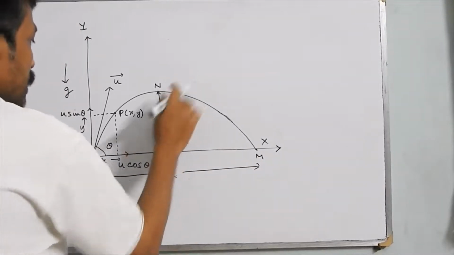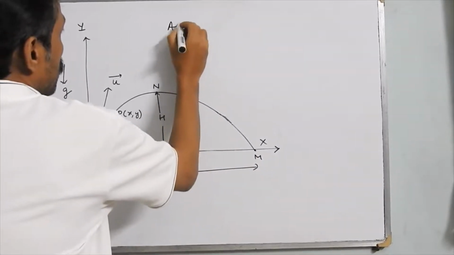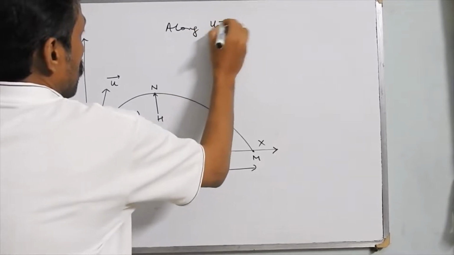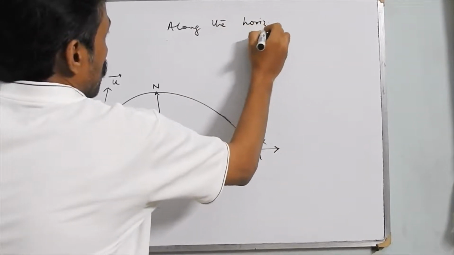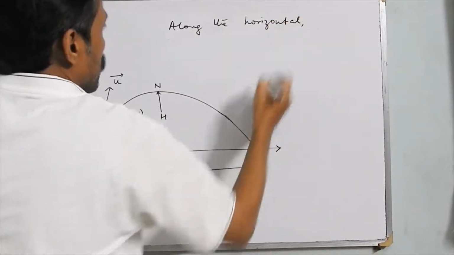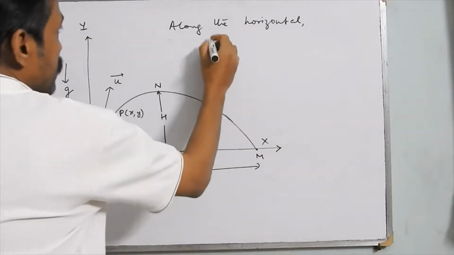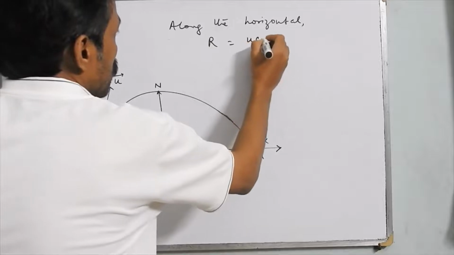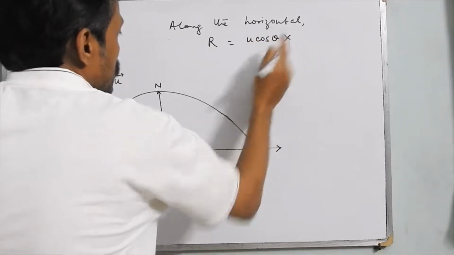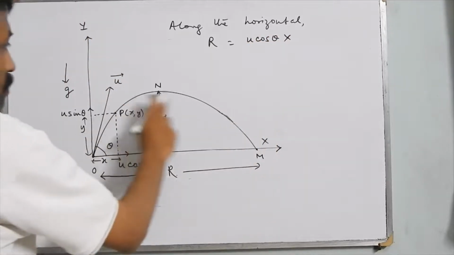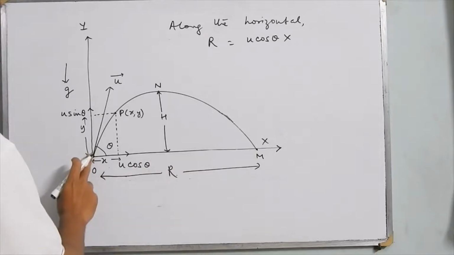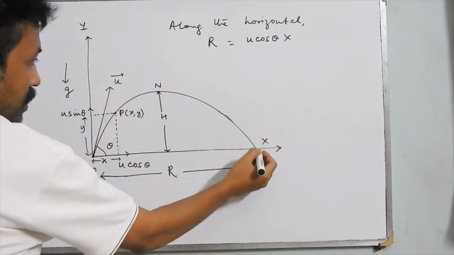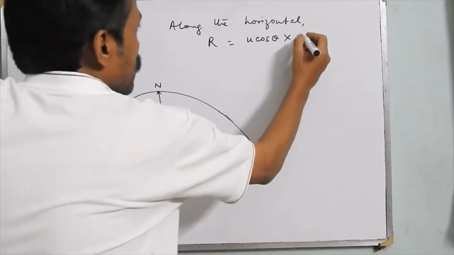So the distance traveled r equals speed into time. The speed is u cos theta, constant throughout, into the time of flight, because after the time of flight it reaches point M.